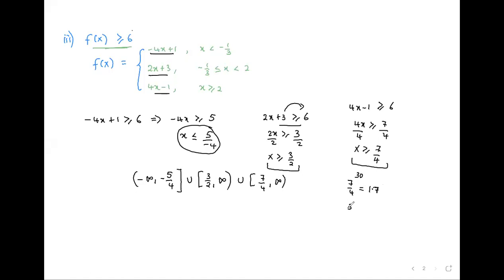Then 3 over 2: 2 into 3 is 1 point, remainder 1, 2 into 10 is 5, so 1.5. So 7 over 4 is bigger than 3 over 2. So the solution is negative infinity to negative 5 over 4, union 3 over 2 to infinity.